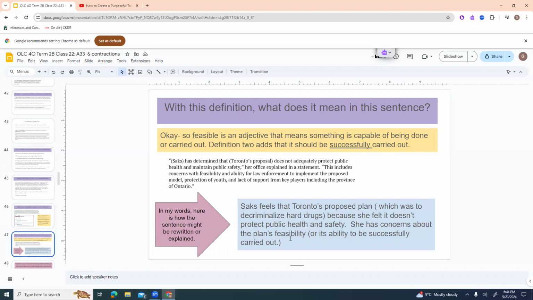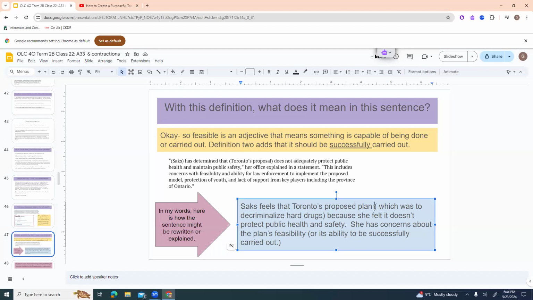And she also has concerns about the plan's feasibility, or its ability to be successfully carried out. Okay. So that helps me to understand it.